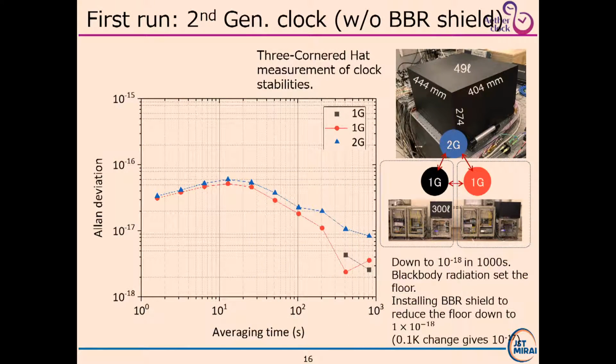And this is the new package, just 40 liters. We measured the stability by a so-called three-corner hat measurement using the first-generation clock. We achieved 10 to the minus 18 stability in about 1,000 seconds.